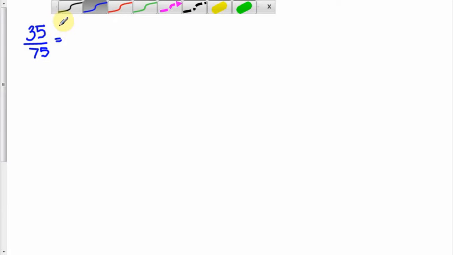So you could write this, if you wanted to, as 5 times 7, and then we can write 75 as 5 times 3 times 5. So I wrote it as a product of prime factors, okay? And then you cancel any of them that they have in common because 5 divided by 5 is 1. So your answer is 7 over 15.